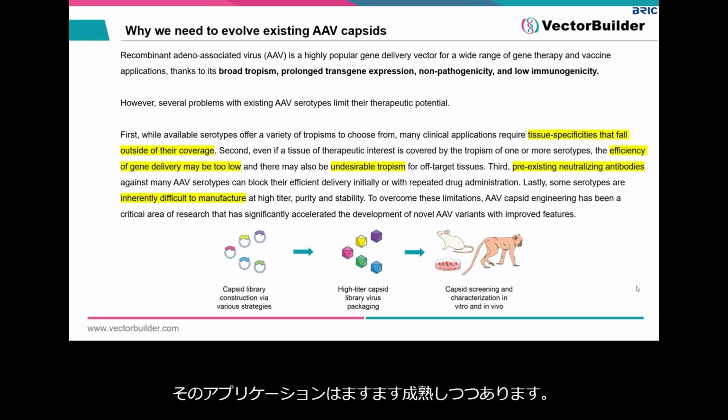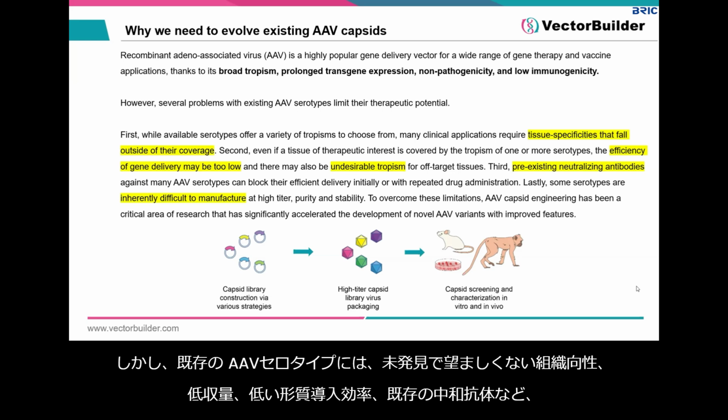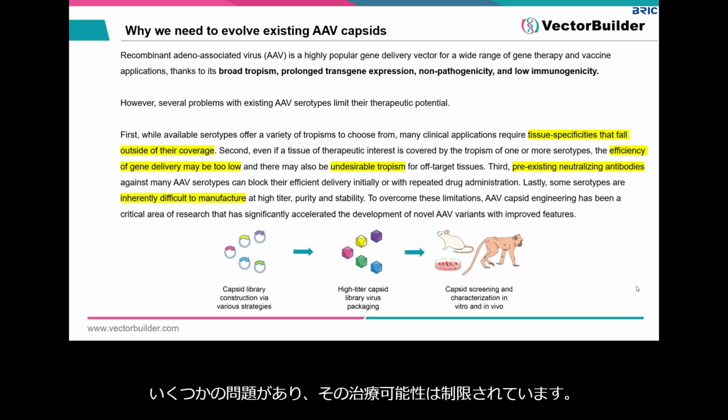As its application becomes more and more mature, however, several problems with existing AAV serotypes limit their therapeutic potential, such as uncovered and undesirable tissue tropisms, as well as low yield, low transduction efficiencies, and pre-existing neutralizing antibodies.